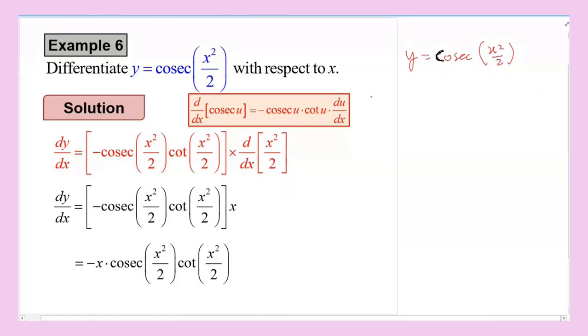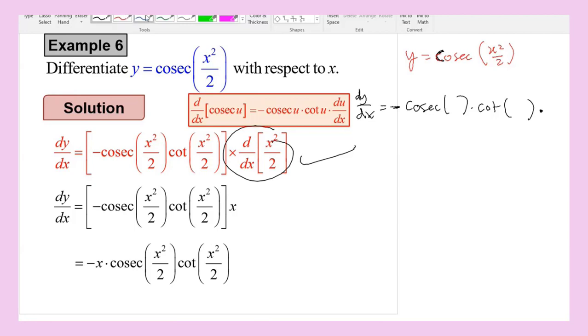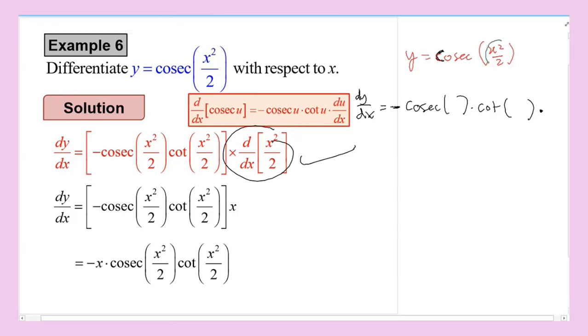Okay, here we can write dy dx as negative. The cosecant repeats: cosecant, cotangent. Then you need to differentiate whatever is inside.